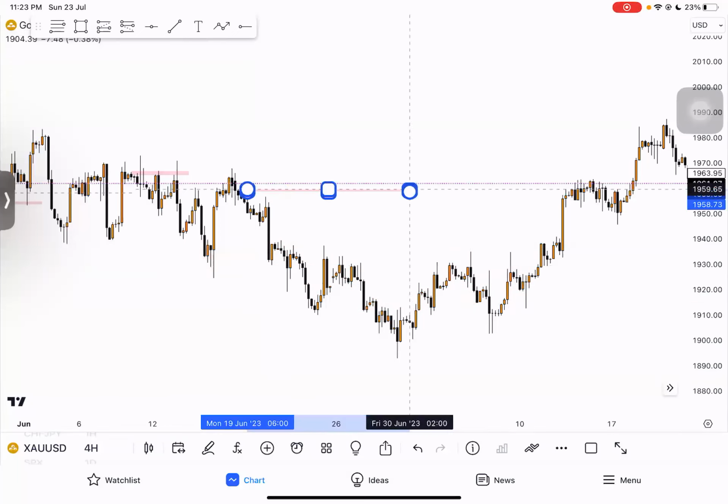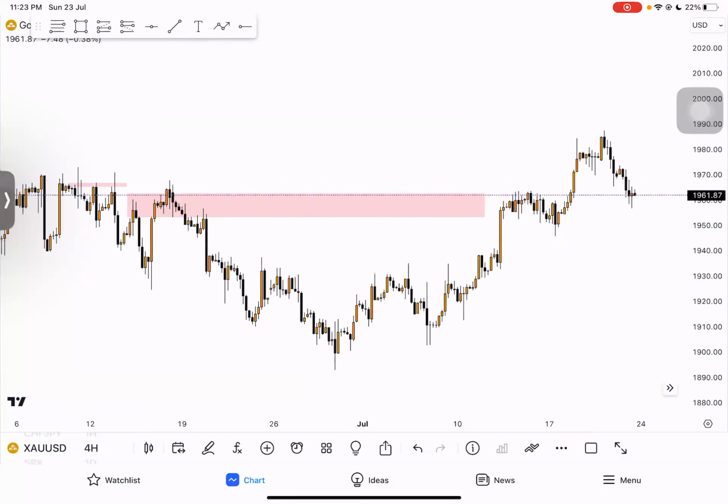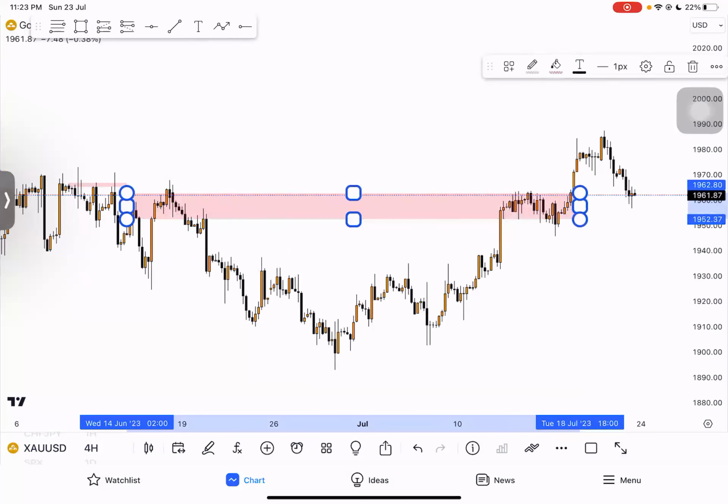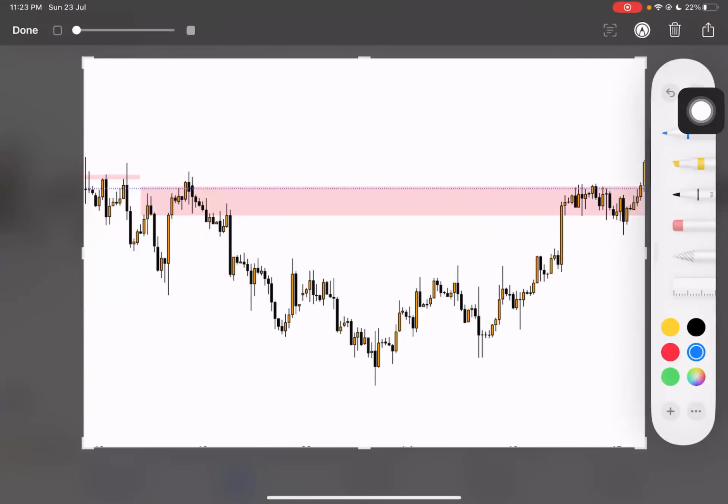This is the resistance, and then this is the engulfing. And then when you pull back right here, entry.